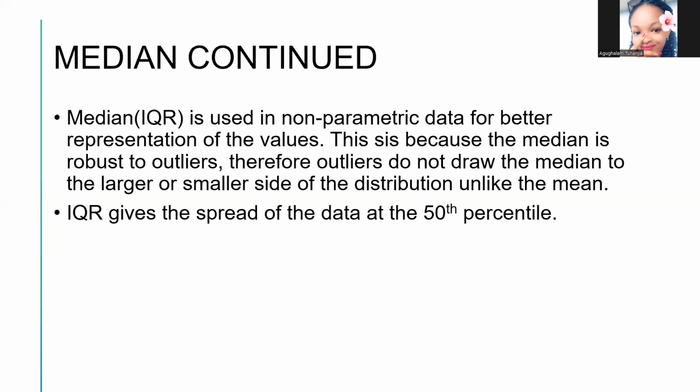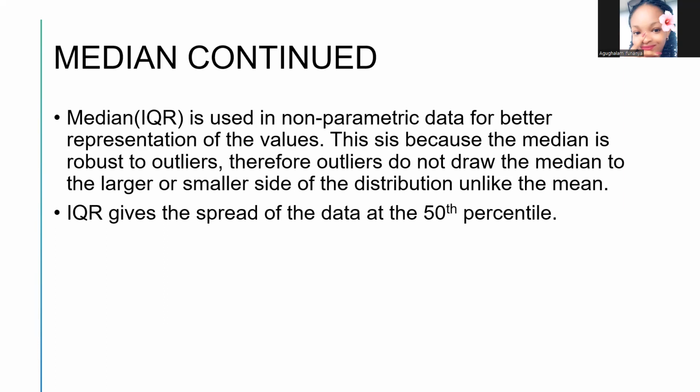So when we talk about median, we usually use median in non-parametric data for better representation of the values. That is what I was trying to explain: if we use mean for non-parametric data, it's going to give you a false representation of that data. Why? Because the outliers in that distribution will drag the mean to the side of the distribution that has the larger value, or to the side that has a lower value.